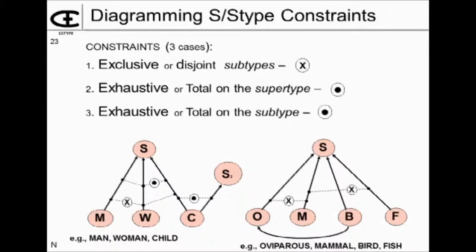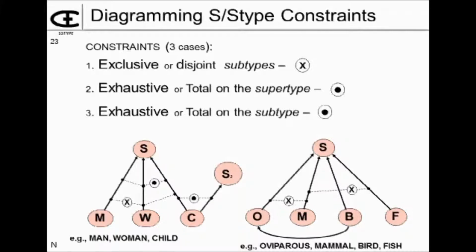So here's another example. I've got the supertype, S, and then I've got subtypes oviparous, mammal, bird, and fish. Now, I'm not a biologist, but I'm told that it can't be both oviparous and a mammal. Oviparous means born outside of the body, isn't that right? Like an egg. B, bird, is a subtype of oviparous.